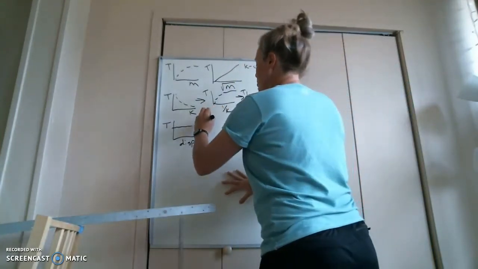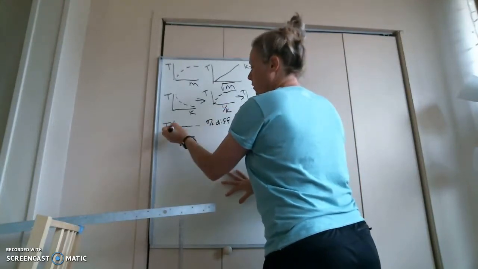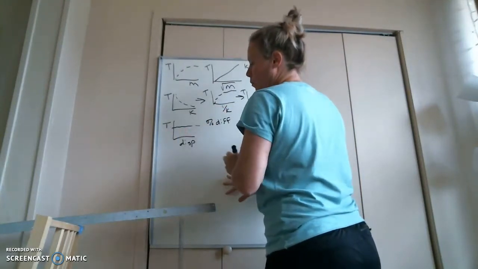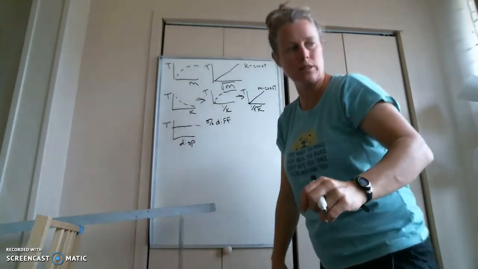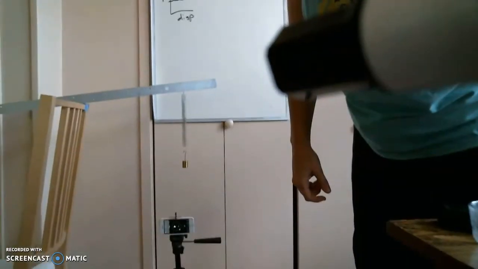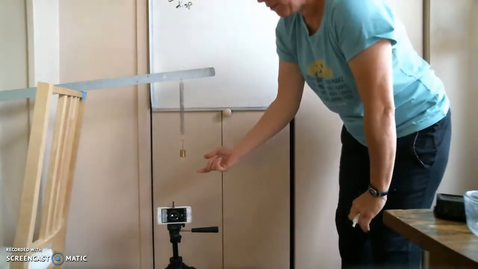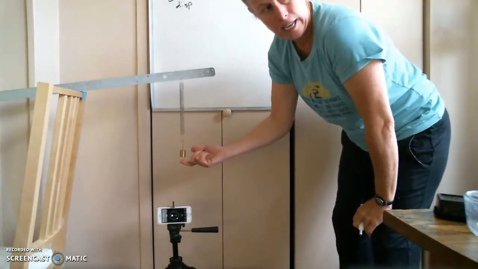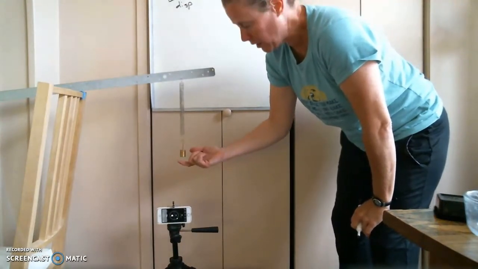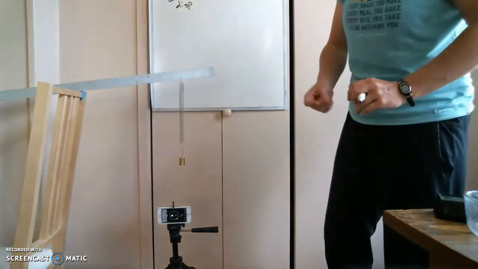You can always use a percent difference to see. Or think about if I had a really, really small displacement, and this is why I've got this set up. If I have a really, really small displacement, do I have a non-existent period? And so I'm just going to go boop, like that.